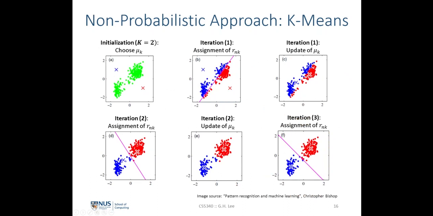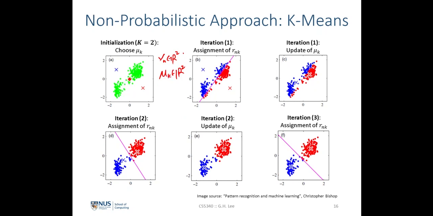Now here is an illustration of how the k-means algorithm performs clustering on a two-dimensional example where the feature space is two-dimensional. This means that xn is two-dimensional, as well as mu k, because mu represents the cluster center in the feature space.